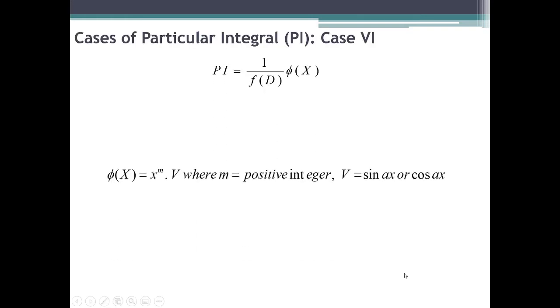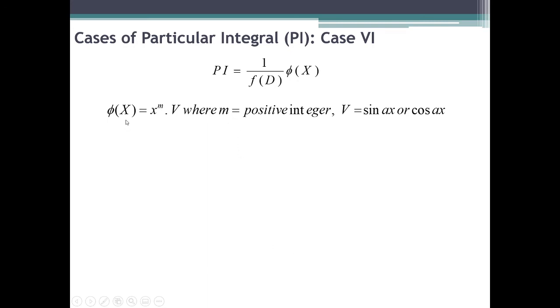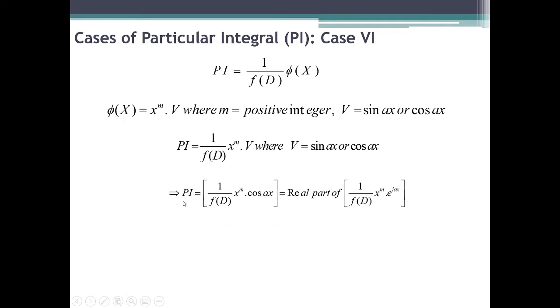Now, case number 6 for finding PI. Whenever the right hand side of the equation phi of x equals x to the power m into v, where m is a positive integer and v is sin x or cos x, then PI equals 1 upon function of D, x to the power m into v. Now here we have two formulas. For x to the power m cos ax, we consider the real part of 1 upon f of D, x to the power m e to the power ix.